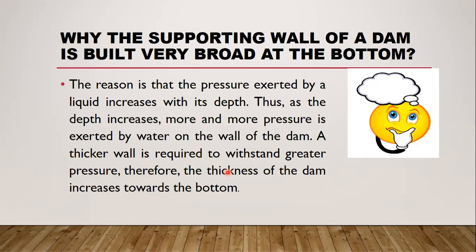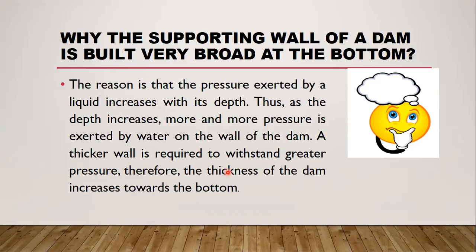You can keep your books with you so that you might relate your topic with the book as well. So the question written in the book is: why is the supporting wall of the dam built very broad at the bottom? Now an answer comes to your mind, and you must be able to answer me about the question written here. Yes, please try and give me the answer. Is there anyone who can give the answer to that question?